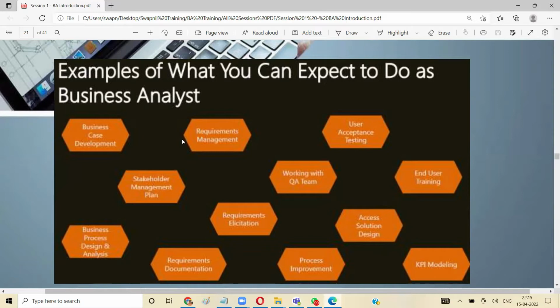Then we talk about business process design and analysis. Here it is like the process of creating the design. This step is more detailed. After this only the solution design will be created.